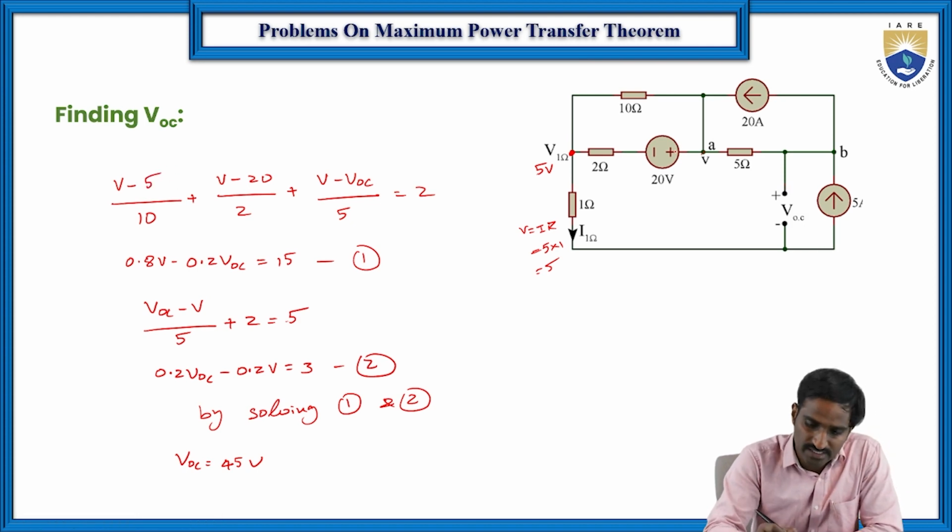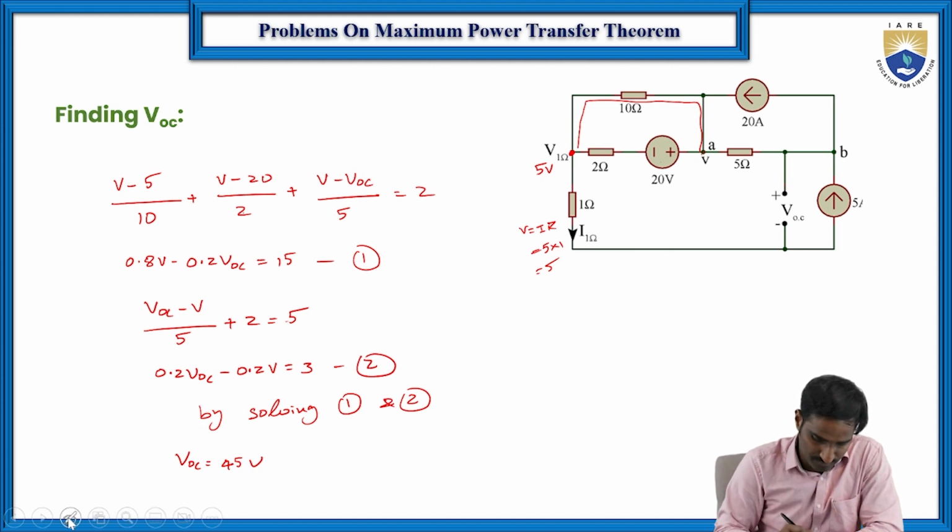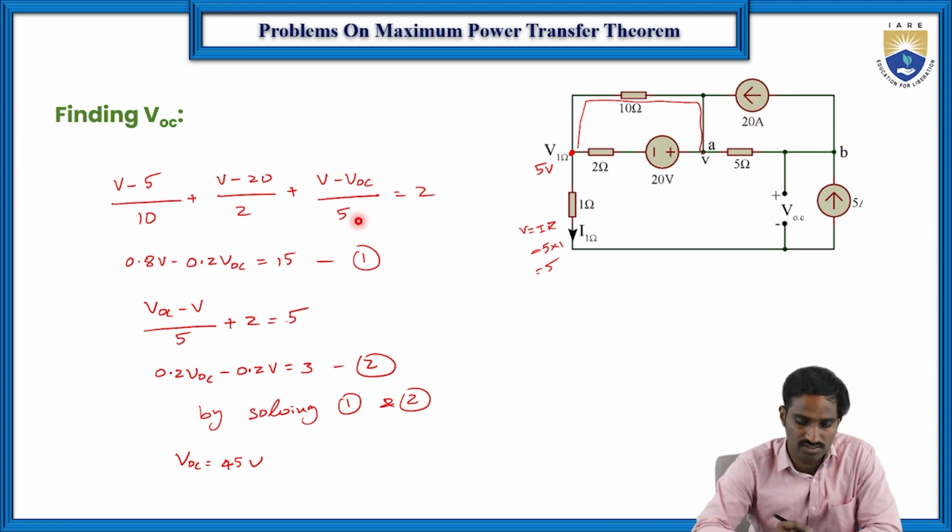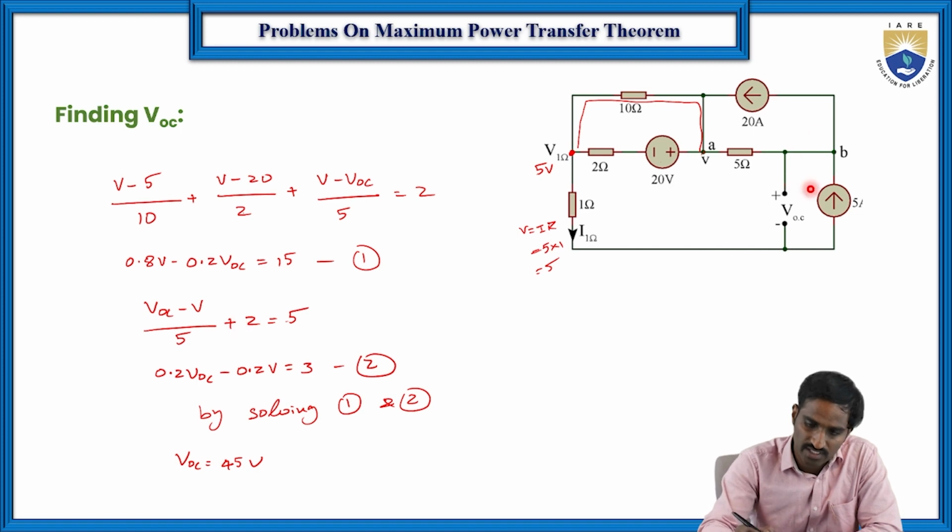Then the second, V1 minus 5 by 10, and then 2 ohms is there, so V1 minus 20 by 2. And another one, V1 minus VOC by 5, which is equal to 2 amperes. This is the first equation. The second equation is with respect to this particular point.